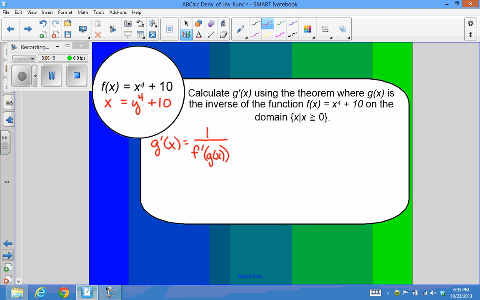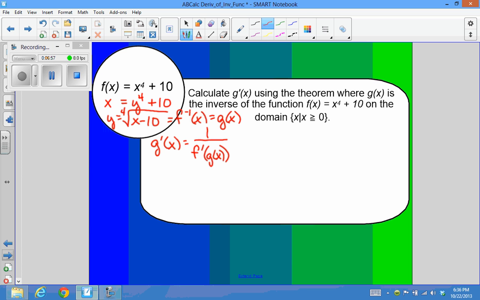So then my y value is going to end up being the fourth root of x minus 10. Subtract your 10, take the fourth root of both sides. I think we're probably good on that. It said your domain was greater than or equal to 0, so I don't need plus and minus on this. So I'm good right there. That is going to be my f inverse, which in this case we are saying is g of x. We're calling g the inverse of the function f.